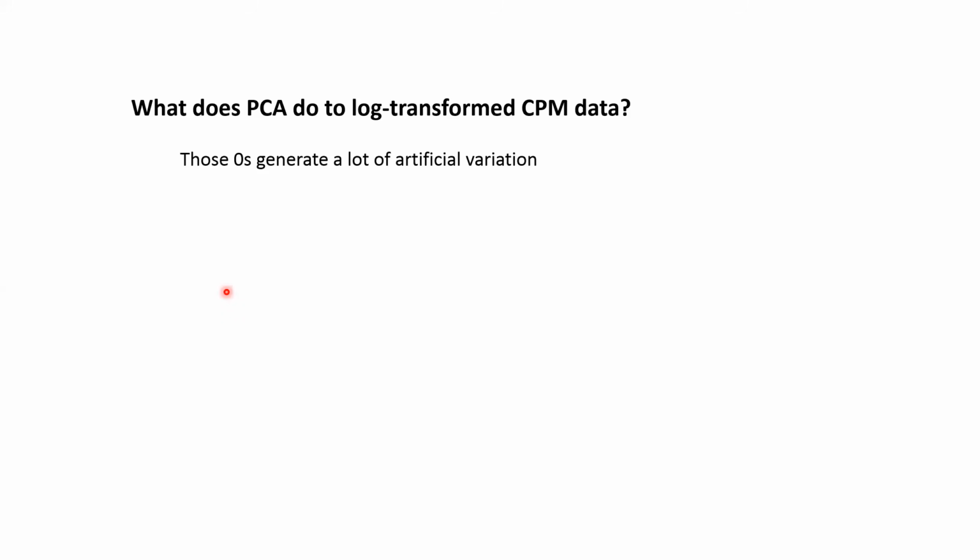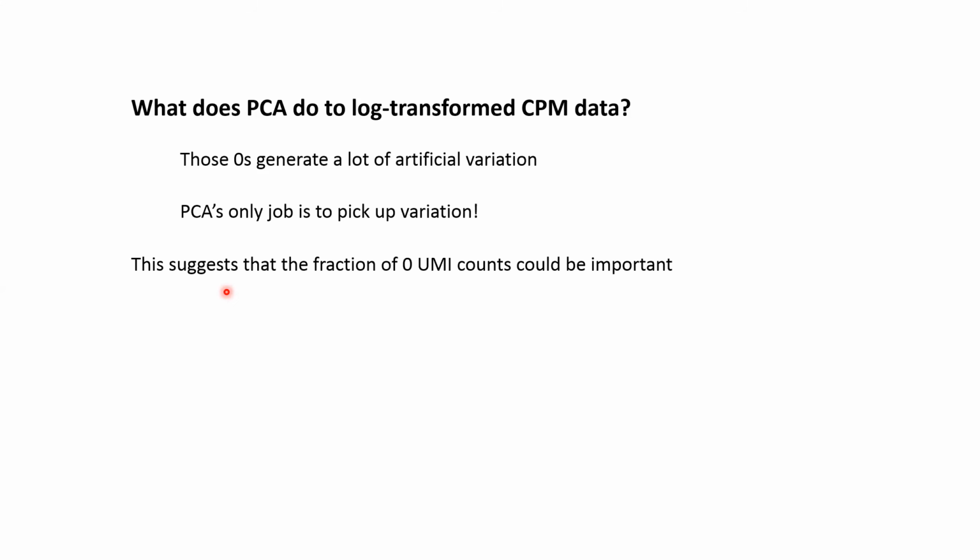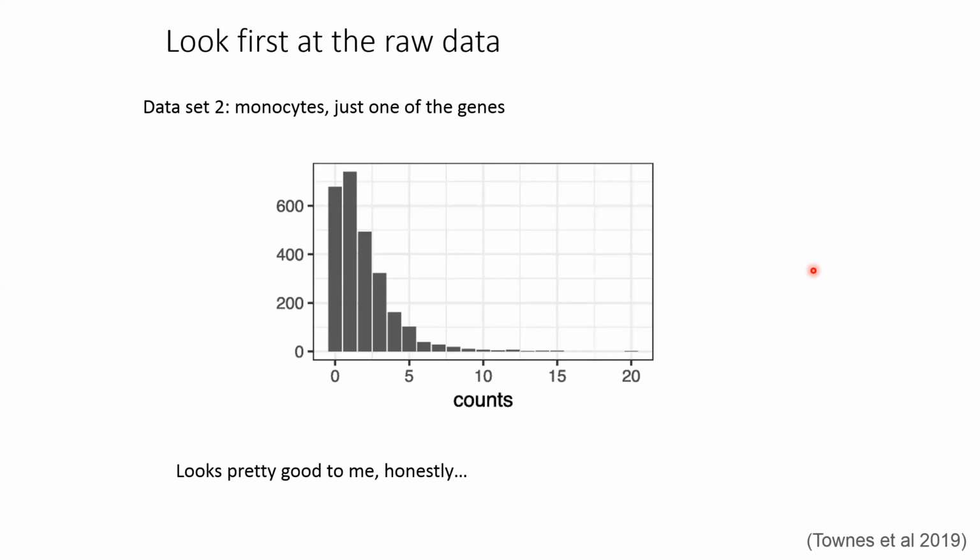And this is a concern because PCA's job is to identify directions of variation. So this motivates a hypothesis that the fraction of zeros in UMI counts might influence the selection of PCs for our downstream analysis. Okay, so we can look at the data, because Townsend et al. have done this experiment for us.